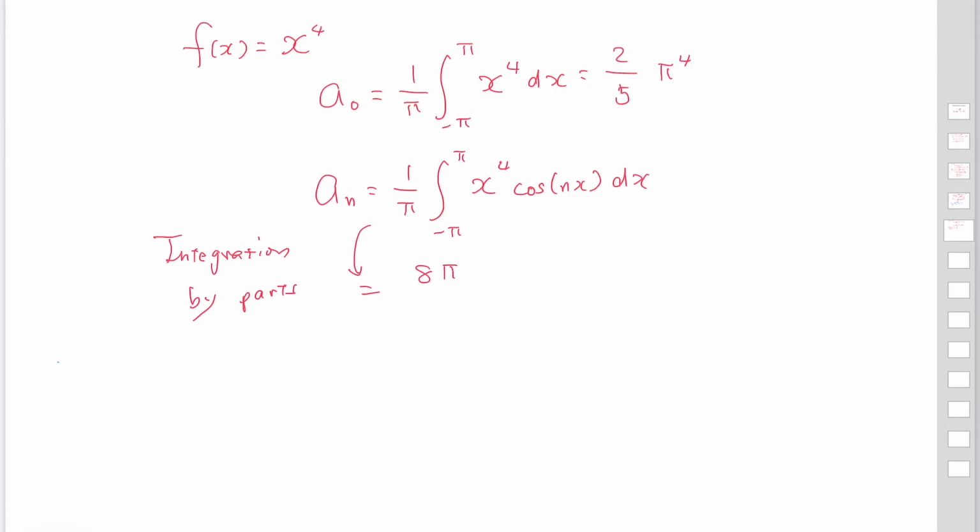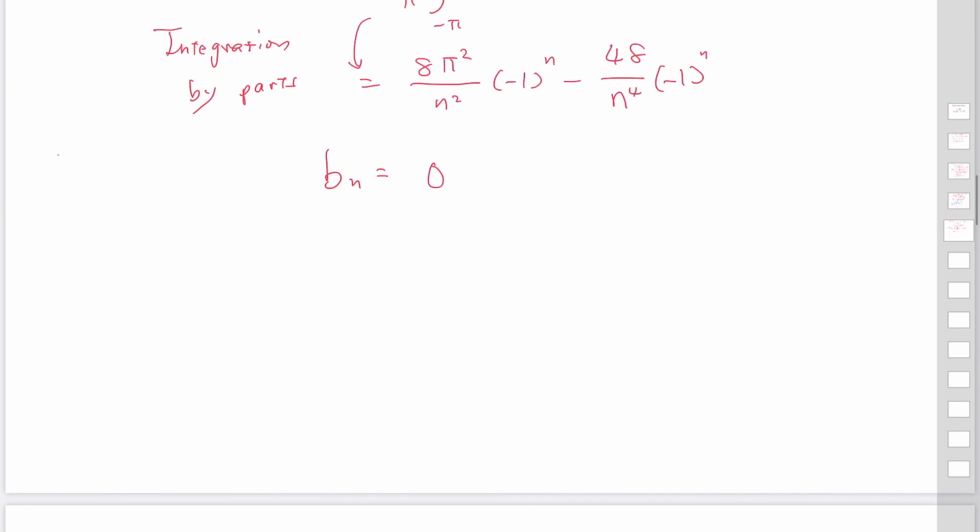So I just write down the answer: a sub n is 8 pi squared over n squared times minus 1 to the n, minus 48 over n to the fourth times minus 1 to the n. And b sub n, as I explained, becomes 0 because f(x) is an even function, and if you multiply by the sine function, which is odd, it becomes 0.